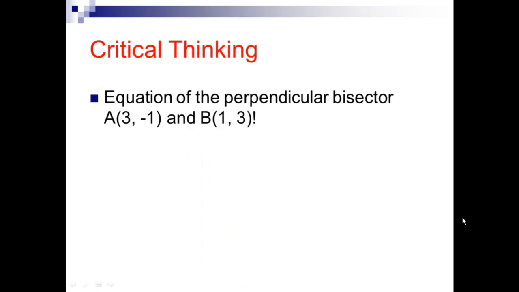Okay, now let's check it again. How about the equation of the perpendicular bisector of A (3, -1) and B (1, 3)? Let's check the answer.